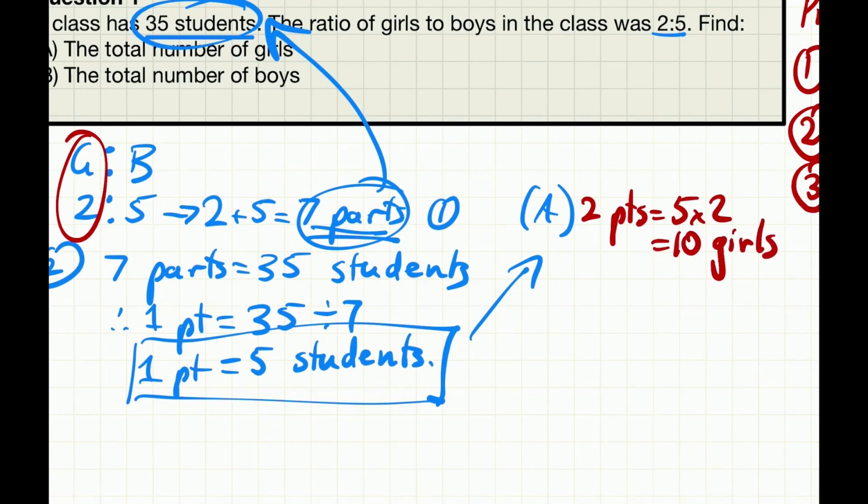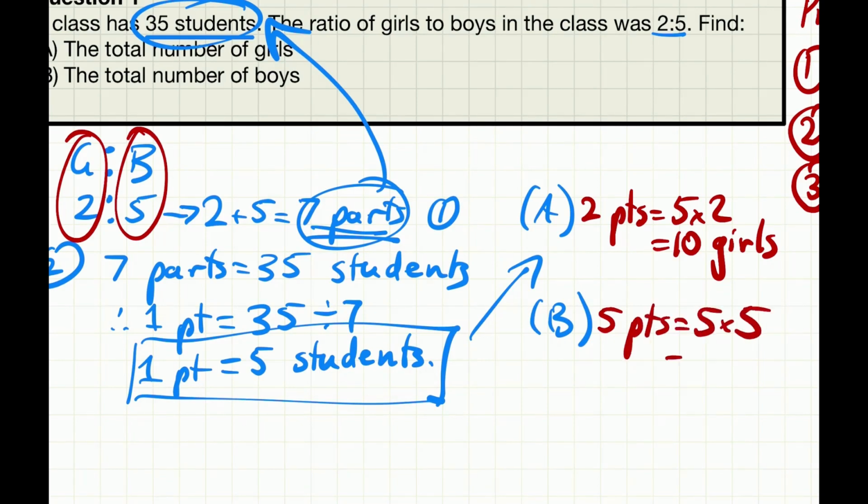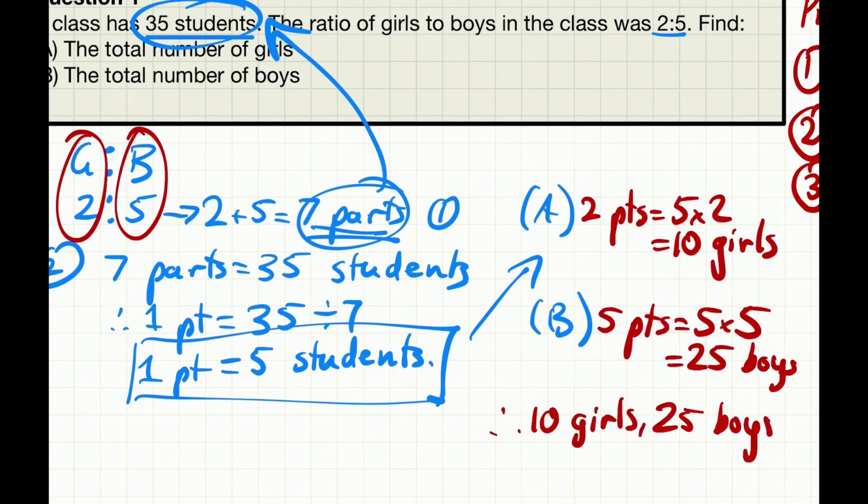For part B, total number of boys, we have 5 parts for that one. So to find 5 parts, we go 5 multiplied by 5 parts, which gives us 25 boys. So in total, we have 10 girls in the class and 25 boys in the class as well.